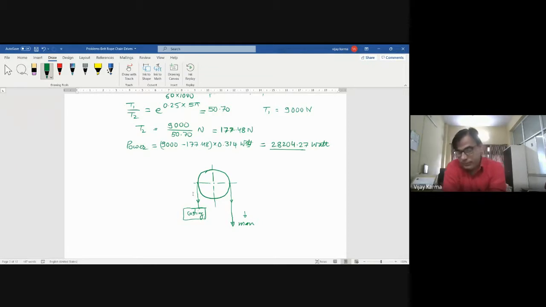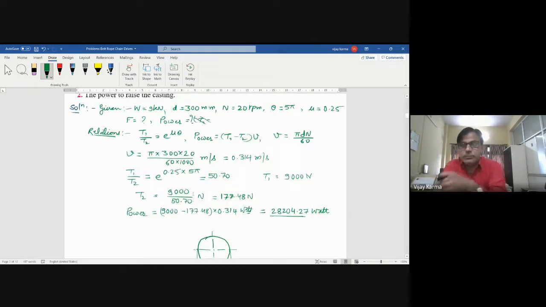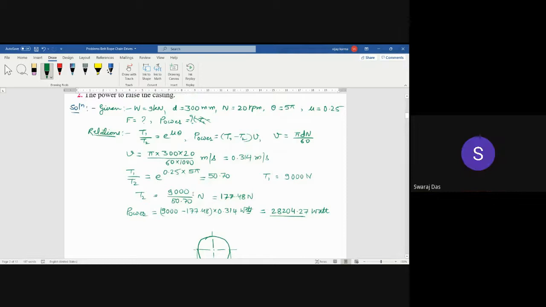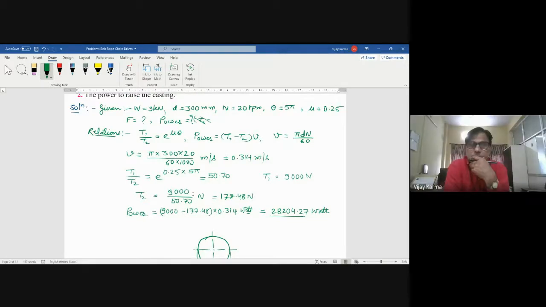And velocity? Pi by 10, 0.314. It's okay, 0.314 meter per second. So both these values are correct. Now it is 277.